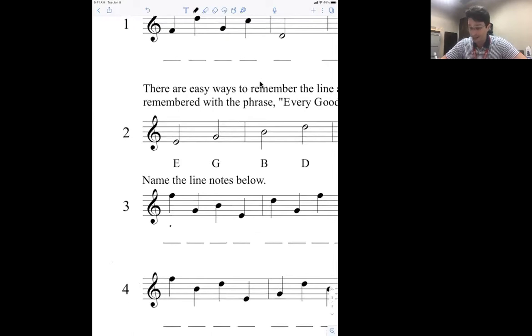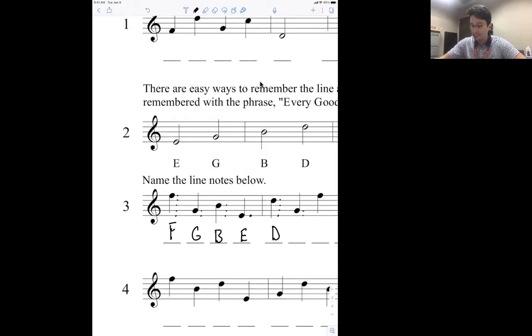So here we've got F, because it's every good boy does fine. Here we have every good, so that's a G. Every, so that's just an E.